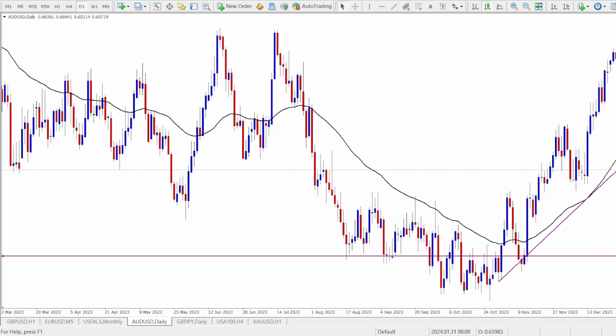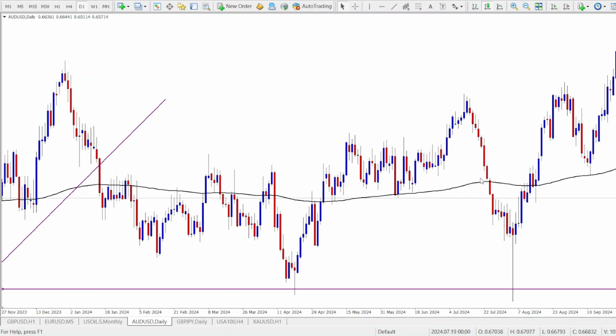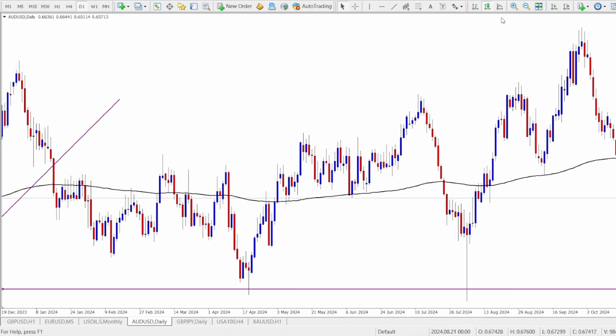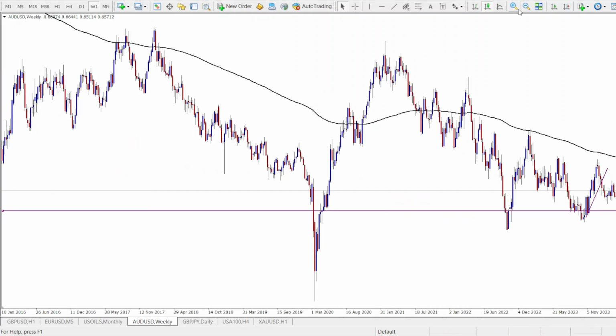Now, for traders who like to identify longer term trends, you can use the 200 period moving average. This is used by many traders to identify the long term trend. Let's go to the weekly time frame and look at this.